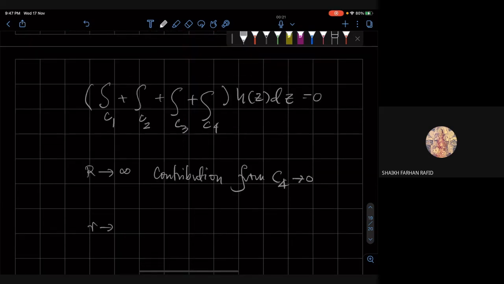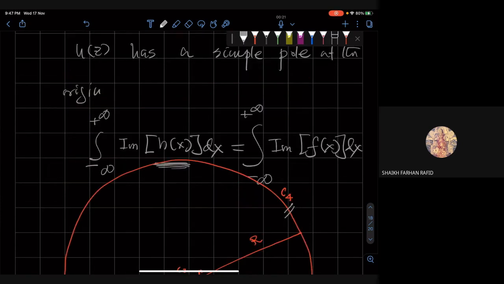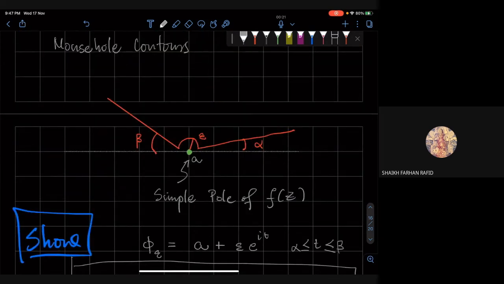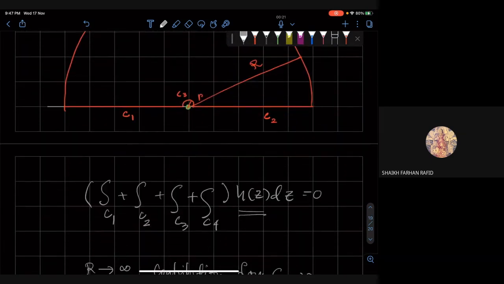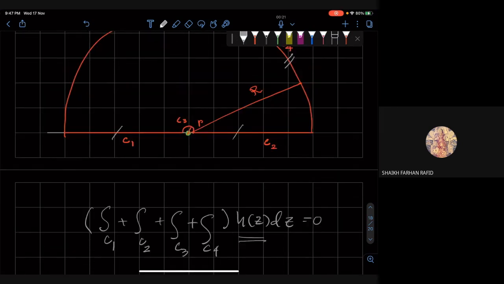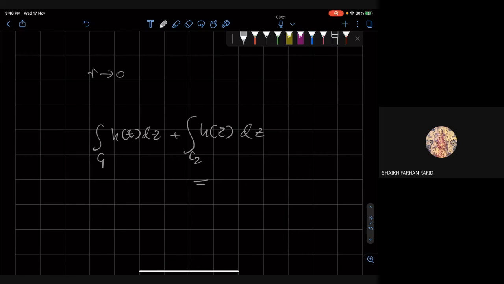And if you take r goes to 0, because this now has a simple pole, by using the Mousehole contour theorem, where alpha is 0 and beta is pi, the contribution from this part and this part, so let's write that: the integral over C1 of h of z dz plus the integral over C2 of h of z dz, is going to be given by minus the integral over C3 of h of z dz.